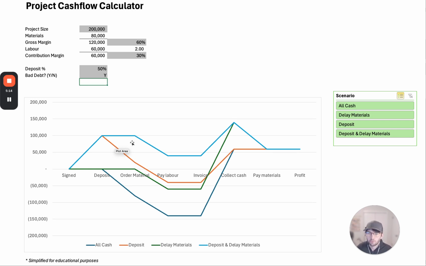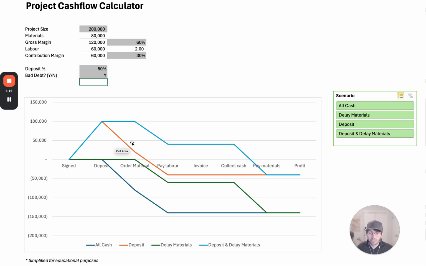So if we say, okay, the project doesn't get paid out, then in every single scenario here, we do lose money, but you can see the projects that collected the deposit, they lose significantly less. So you're going to lose, in this scenario, basically 100,000 less. And that's just from the deposit being collected up front. You have secured some cash, which is going to help you out a lot.